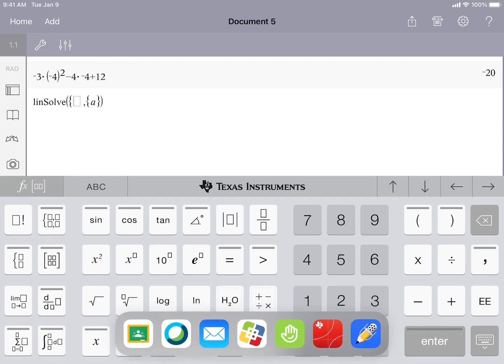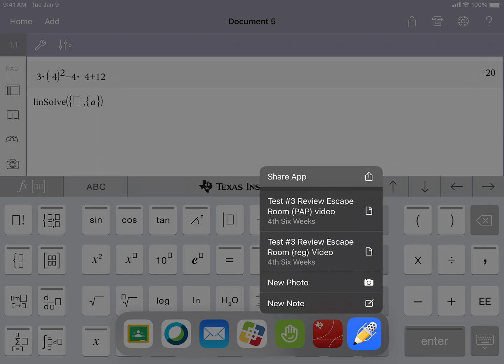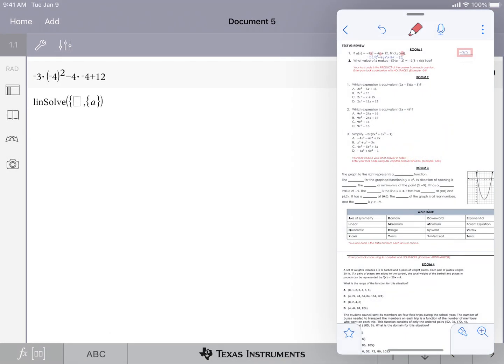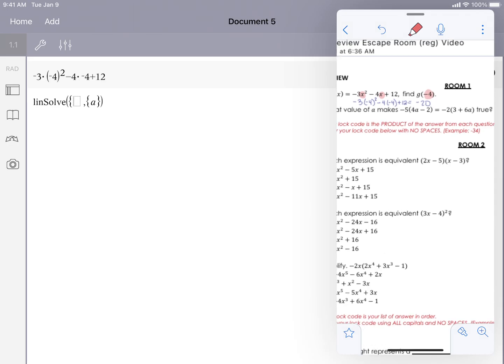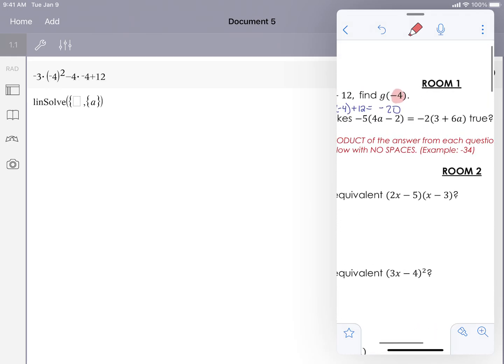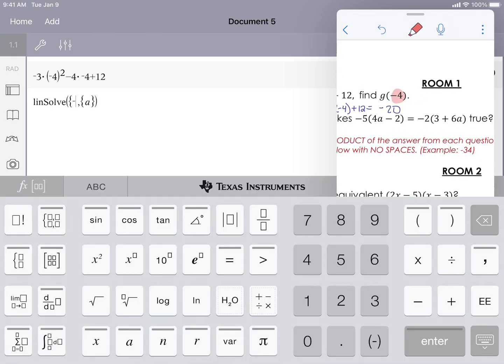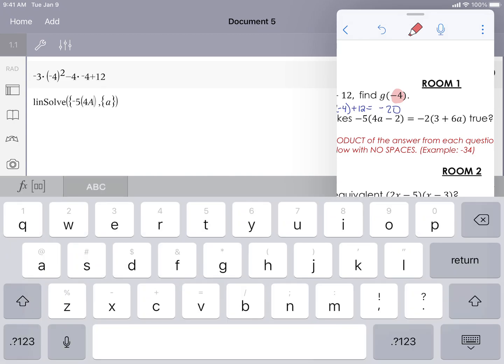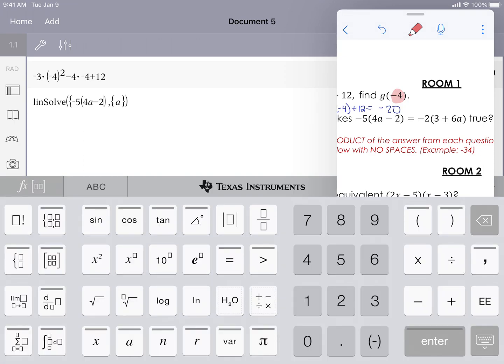So put my notes on top. There we go. So I'm going to zoom in. And we're going to type the entire equation in here. So negative 5 parentheses 4a. Let's do a lowercase a. It doesn't make a difference. Minus 2, close the parentheses, equals negative 2 times 3 plus 6a.